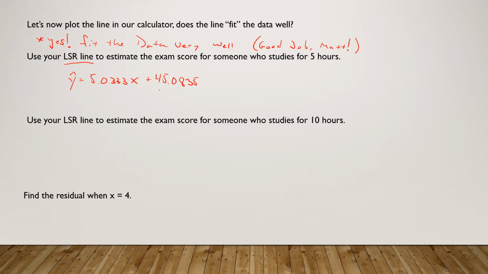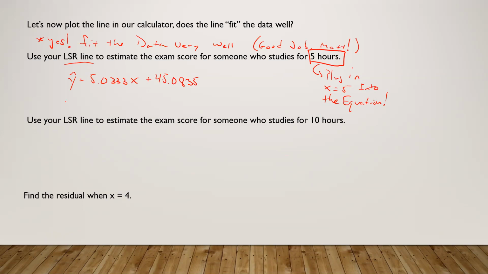Can anybody tell me how we might use this equation to estimate for someone who says, hey, I'm only going to study for those 5 hours? Yeah, you just plug in 5 to the X. Yeah. So remember, X is the hours of study. So all you're going to do is plug that into the equation.